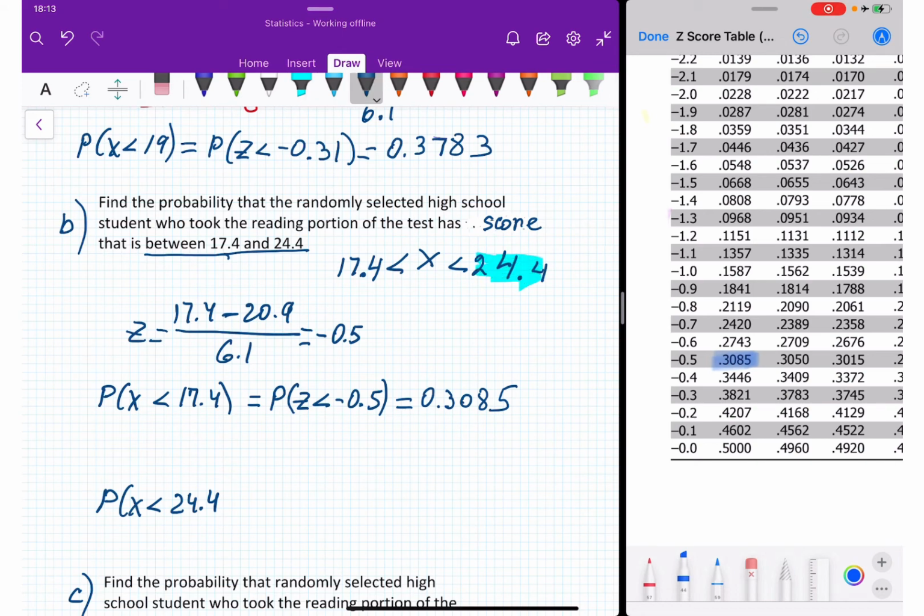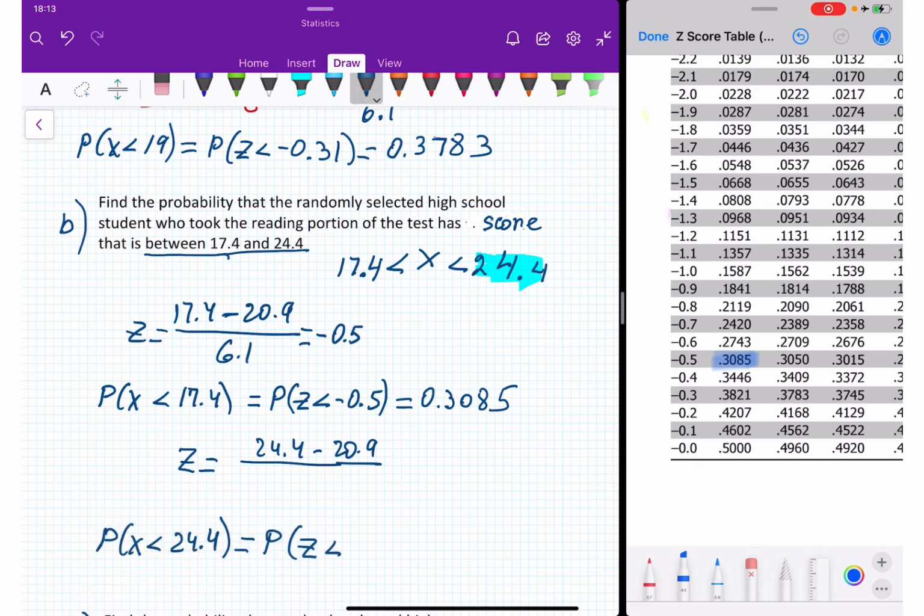So next, for probability for x less than 24.4, we need to find that probability for this score that is less than, we'll find out. So this score is equal to 24.4 minus 20.9 and divided by 6.1. That is 0.57.